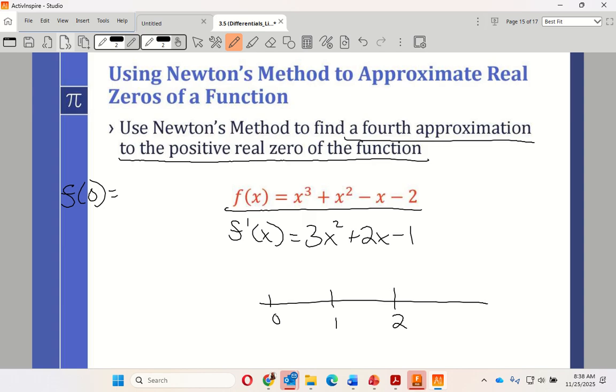Start off here. 0. Plug in 0 for all this. What do I get? Negative 2, right? All right. Now, f of 1. That's going to be, let me see, 1 plus 1 minus 1 minus 2. Negative 1.